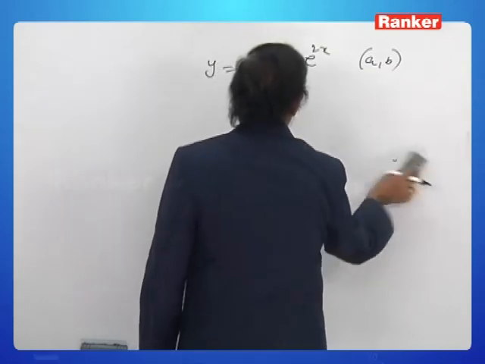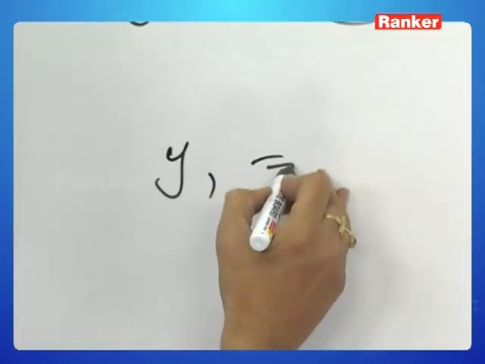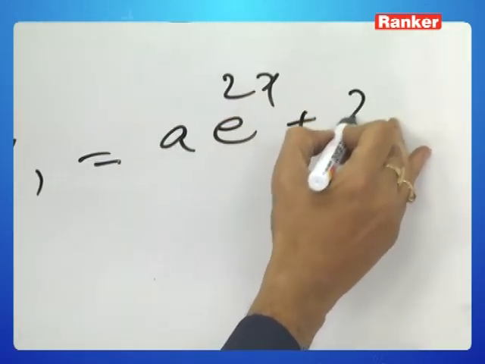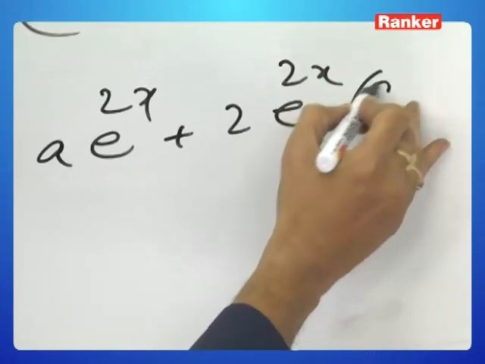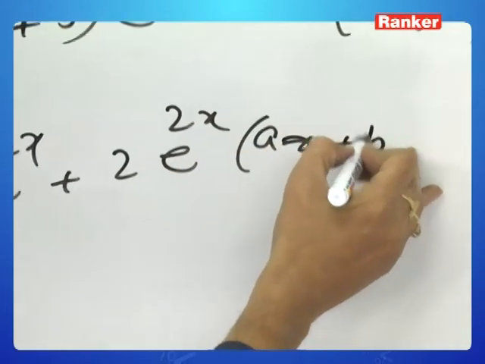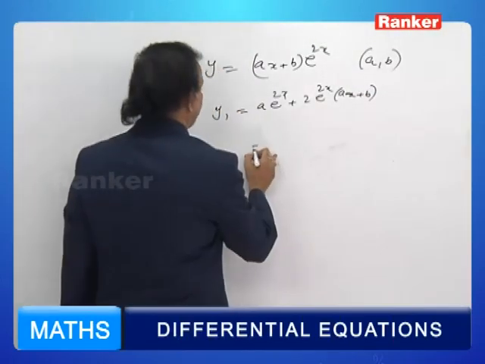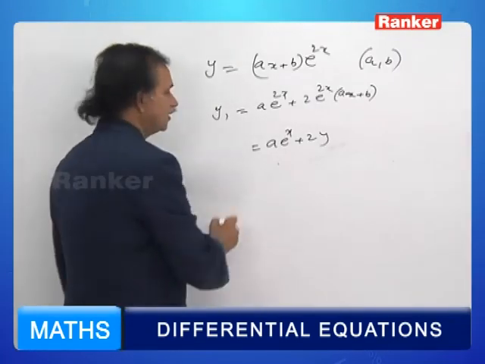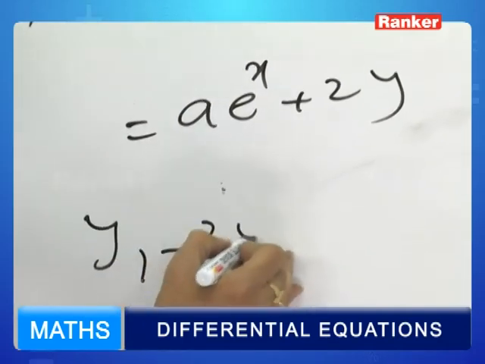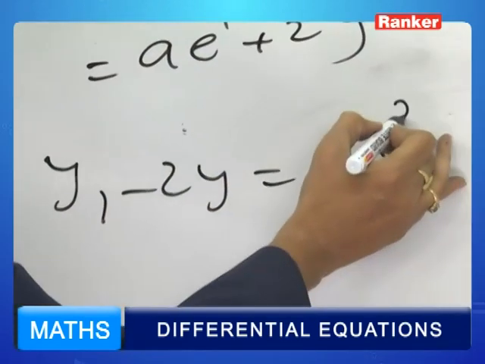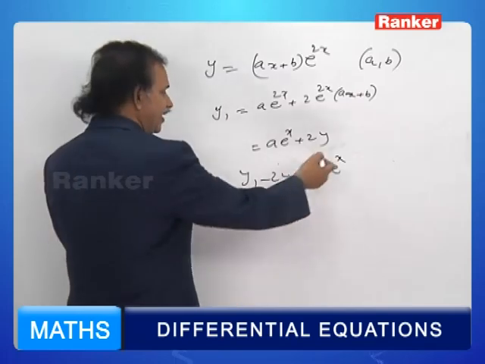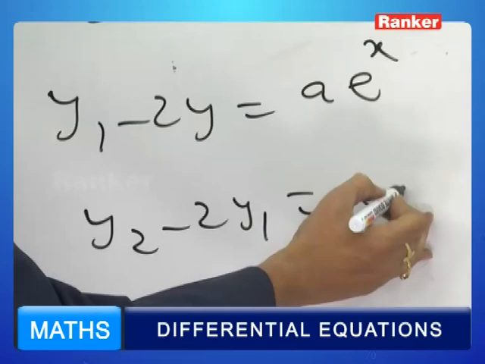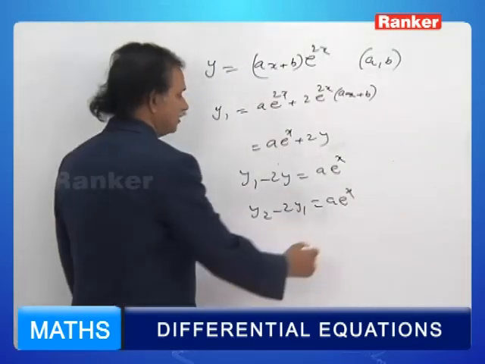We shall do that. Look here. y1 is equal to a into e power 2x plus 2 e power 2x into ax plus b, isn't it? That is a into e power 2x plus 2y, isn't it? So y1 minus 2y is equal to a into e power 2x, correct? Again differentiate. y2 minus 2y1 is equal to 2a into e power 2x, correct?